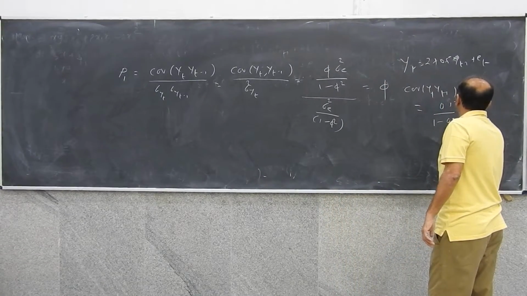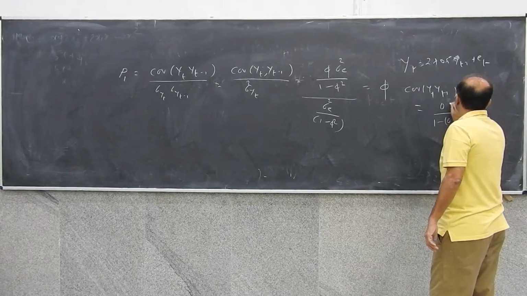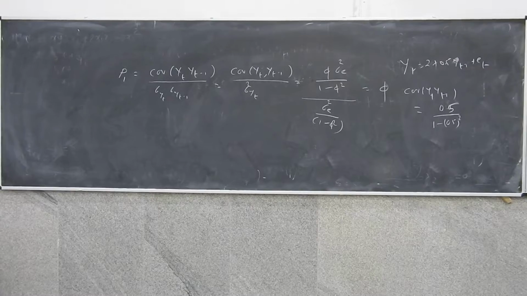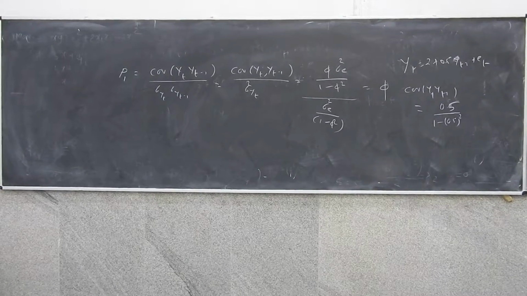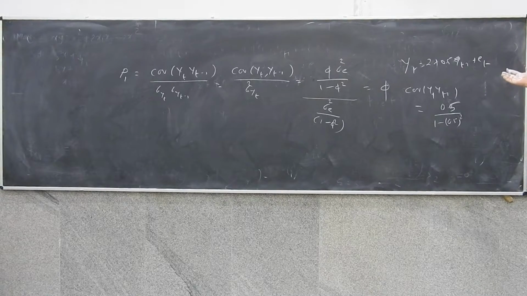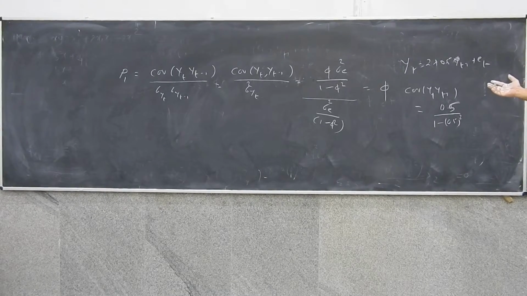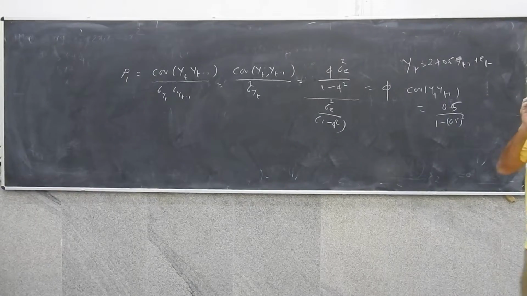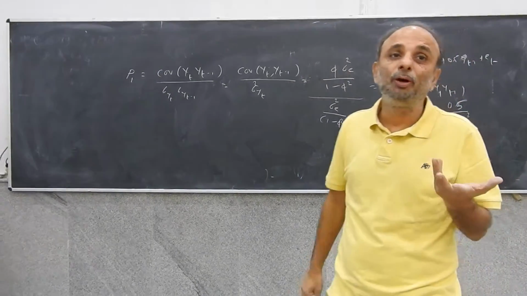So the covariance between yt and yt minus 1 will be 0.5 upon 1 minus 0.5 square. And what will be the autocorrelation of order 1? That is phi, 0.5. So if I ask you what is the correlation between yt and yt minus 1, you will say 0.5.